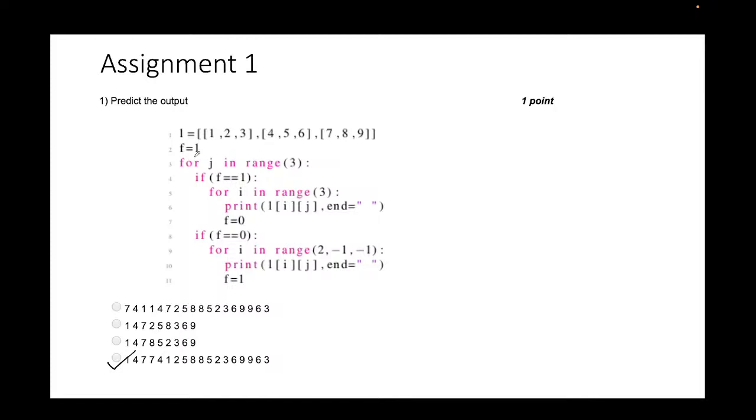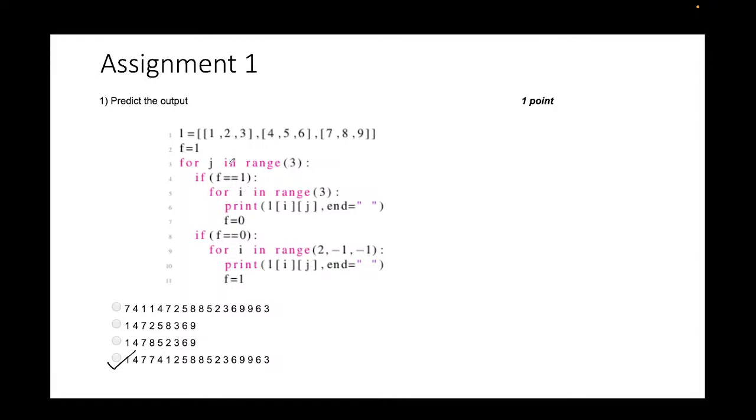The variable J is in the outer loop, so you can consider that as the column index. The flag variable is by default initialized to 1. So when it takes 1 for any given column, we are printing out through all the elements.